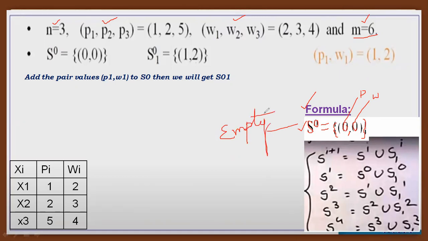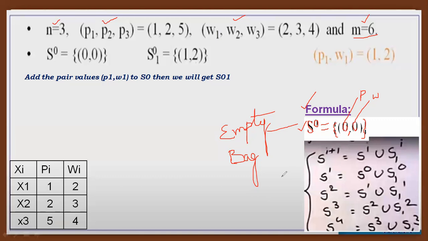Initially, you take an empty bag. Always remember that you need to take the empty bag initially. That clearly says S^0 equal to (0, 0). If the knapsack is empty, there is no profit and no weight. That's why the P and W value pair should be (0, 0).